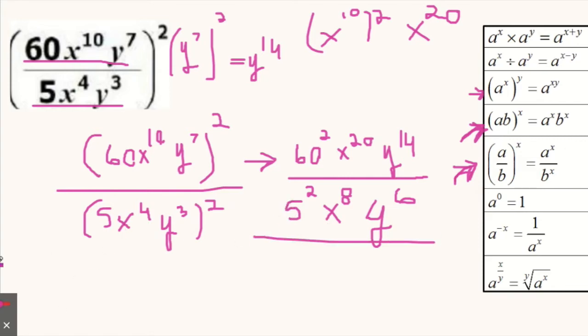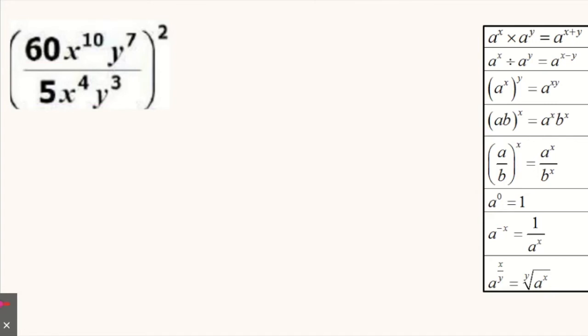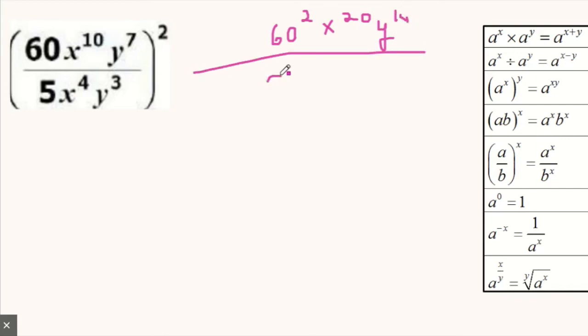I'm going to get rid of everything and rewrite that. We had 60 squared x to the 20th power, y to the 14th power, divided by 5 squared x to the 8th power, and y to the 6th power.